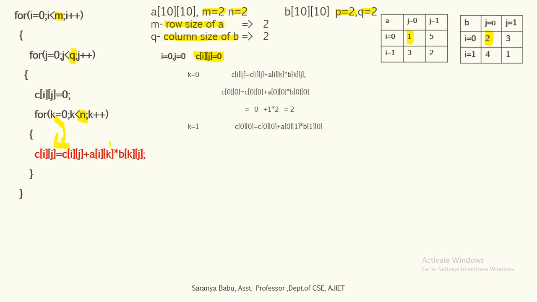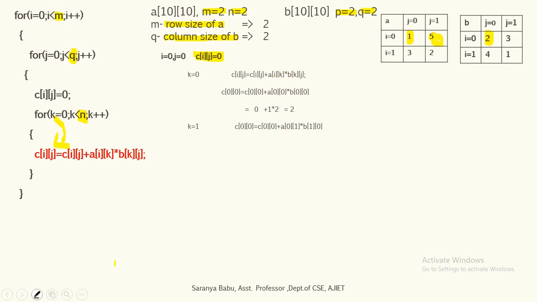Next, k will be incremented. That is, we have processed one element, and next the k value is getting incremented. Now with the k value 1, it will be processing the next element, that is a of 0 and a of k. So it is referring to the second element present here, a of i into b of k.